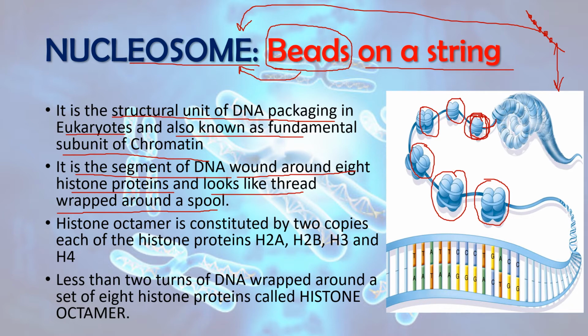Basically, it is formed when the DNA is wrapped around 8 histone proteins. Suppose, let me draw, we have four histone proteins. The first one is H2A, the second one is H2B, the third histone protein is H3, and the fourth is H4. So these are four histone proteins that will ultimately form an octamer.